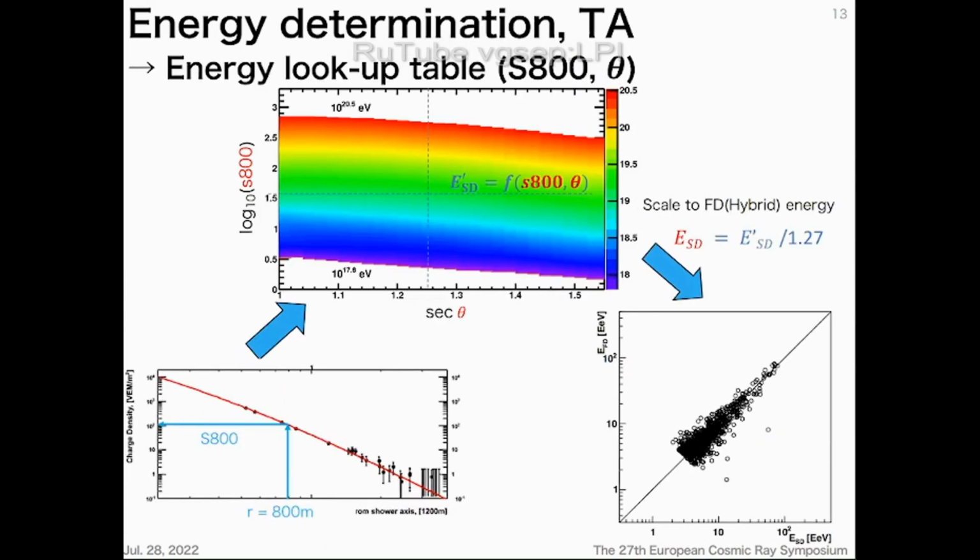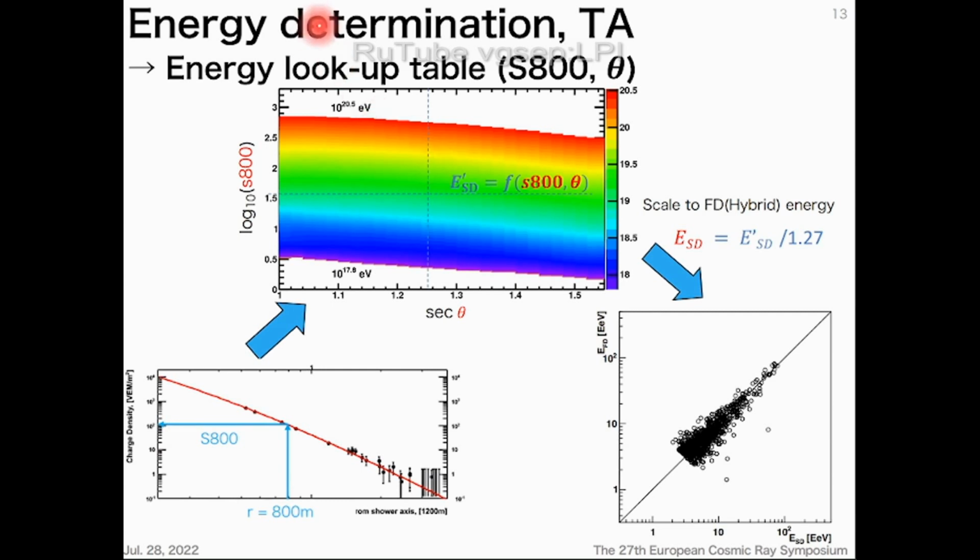Now for the TA case, they use an energy lookup table produced by Monte Carlo. This energy lookup table is a function of the reconstructed secant theta and the reconstructed S800, and the color means the different energies.